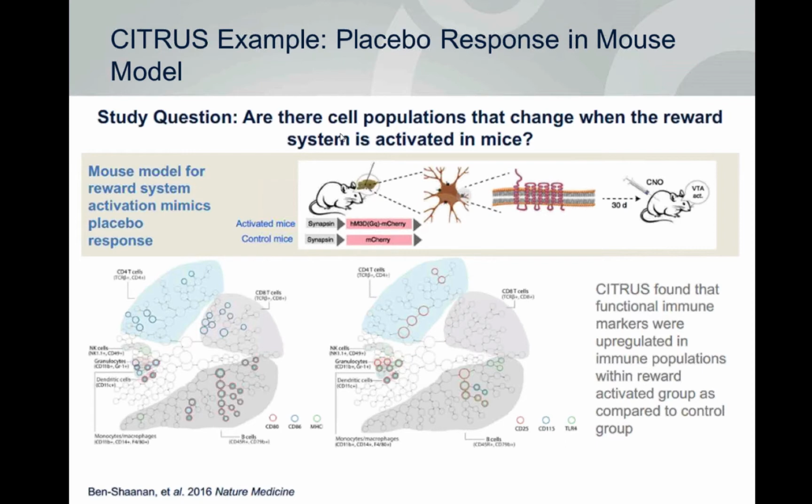They found using citrus that the mice with this placebo response actually had functional immune markers upregulated in immune populations within that induced group as opposed to the controls. So it's kind of a fun model. It's an interesting use, and they also successfully used citrus to show their result.